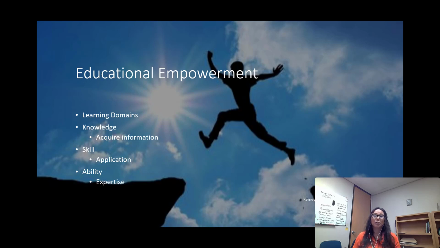It helps with the learning domains: cognitive, affective, and psychomotor. Cognitive is knowledge, all the information you acquire. Affective is how it affects us emotionally. Psychomotor is the skill, the application that we go to use.